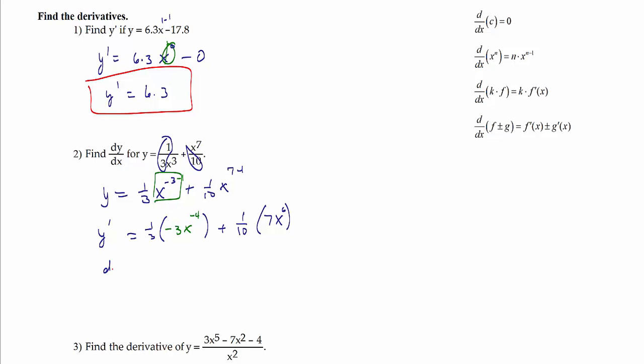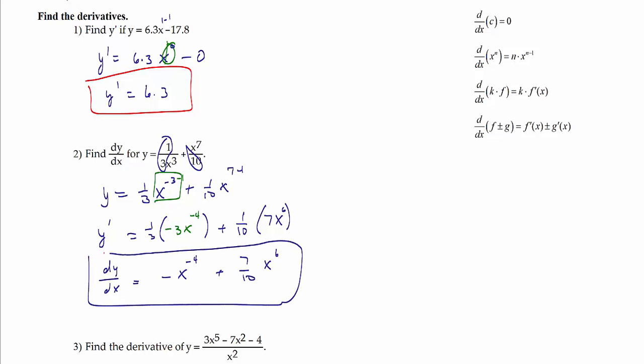And I have to clean this up. So y prime, or dy dx, is equal to, so I got 1/3 times a negative 3, so that's a negative x to the negative 4th. And then over here, 1/10 times 7, so I get 7/10, and we have x to the 6th power. And you can leave your answer written like this for me. I'm okay with that.